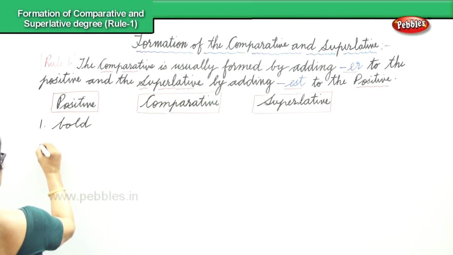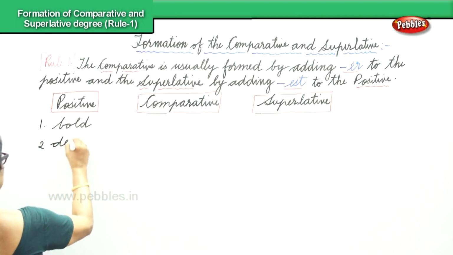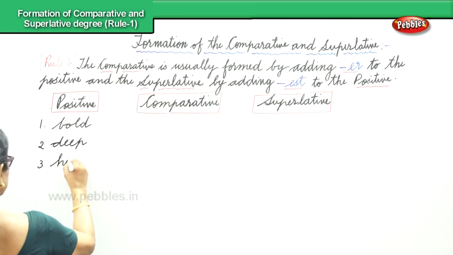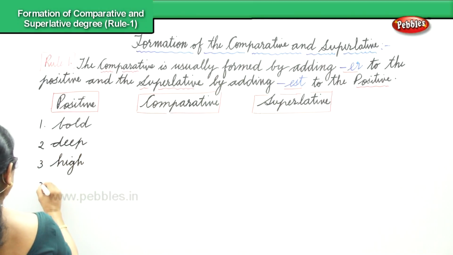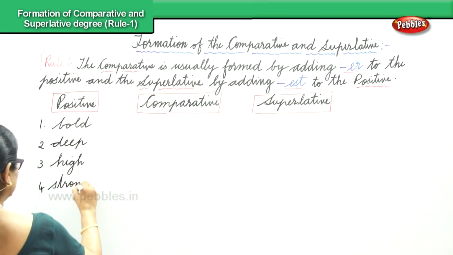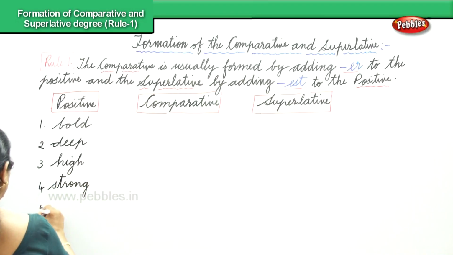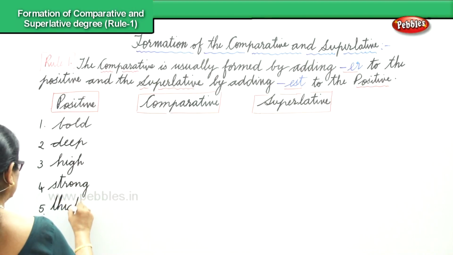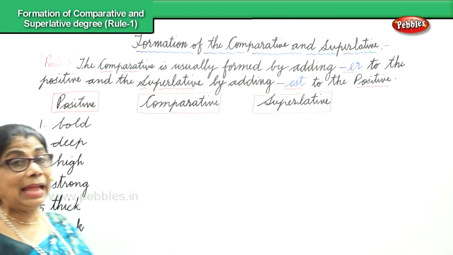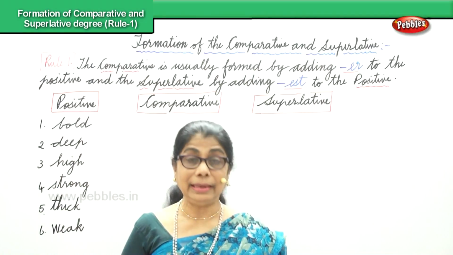Then deep, high, then we have strong, then thick, and weak. We have here 6 positive degree adjectives.